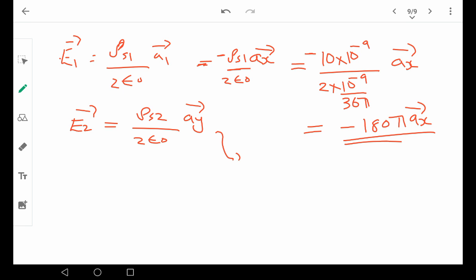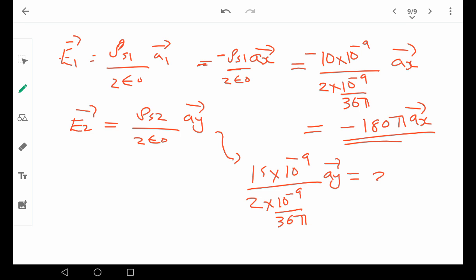Similarly, you can write this as 15 into 10 raised to minus 9 divided by 2 into 10 raised to minus 9 by 36 pi ay, equal to 270 pi ay. So like that you can get E1 and E2, right?